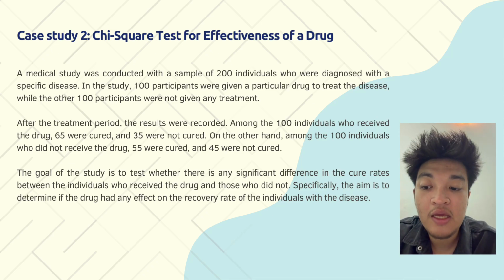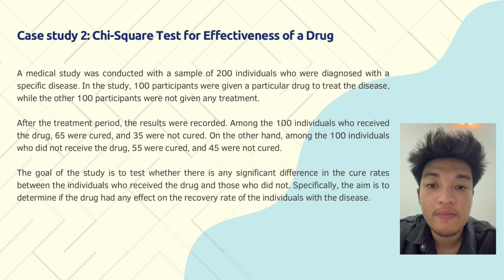Our goal is to determine whether there is a statistically significant difference between recovery rates in the two groups, or if the drug has any real impact on curing the disease.